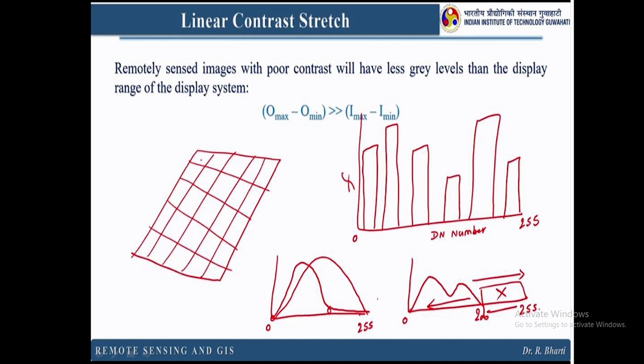We have to see the histogram and curve. The digital number is shown horizontally, and the frequency of the histogram is shown vertically. So this is one formula: output maximum minus output minimum is greater than input maximum minus input minimum.